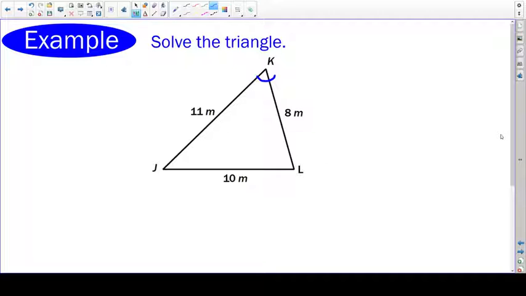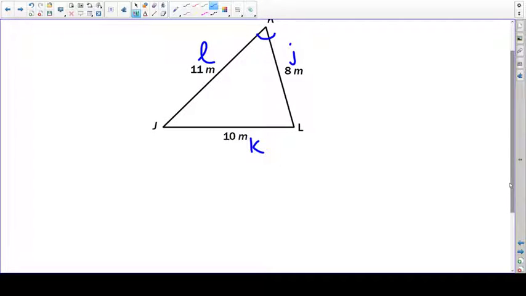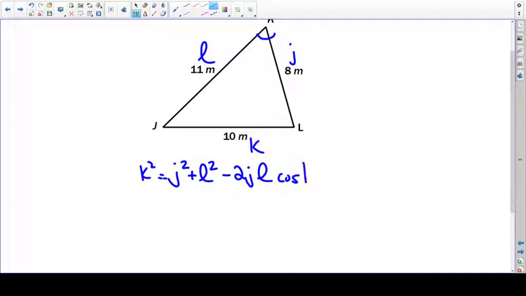So because we're looking for angle K, K is going to be what is on the leftmost and rightmost part of the equation. We'd write it as K squared equals J squared plus L squared minus 2 times J times L times the cosine of angle K. Now, we got to plug in what we know.